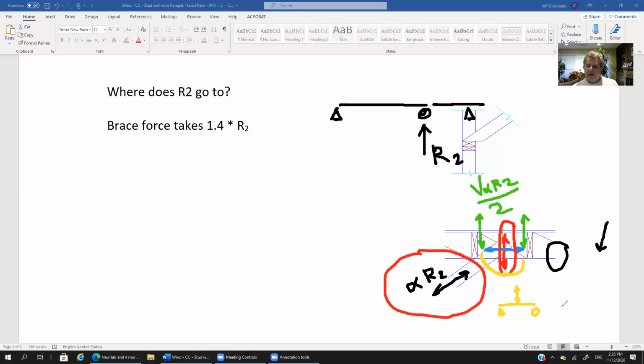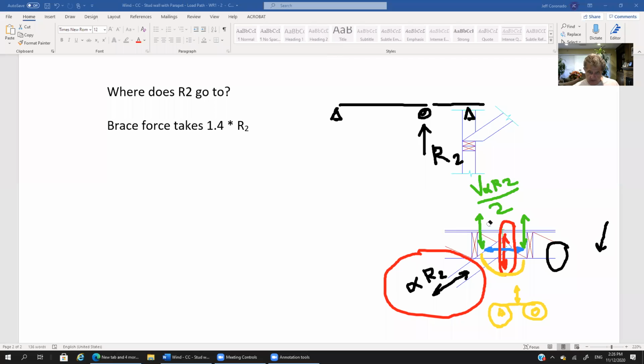So you could argue that this reaction is the vertical component of alpha R2 divided by 2, as well as this one is alpha R2 divided by 2. So that vertical component goes into the rafter. You need to make sure that these two rafters are adequate for that additional loading that comes in from the brace.